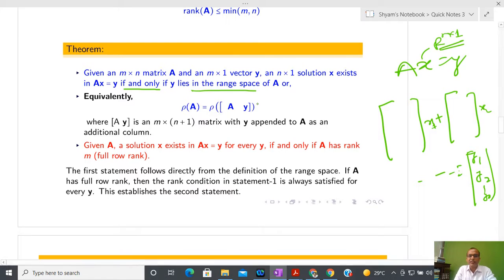Does anyone have confusion? Equivalently, you can also check this: I will take the matrix A, and after that I am going to add an additional column of Y, since I have the solution Ax equals Y. I know this matrix, so I can keep these two together.